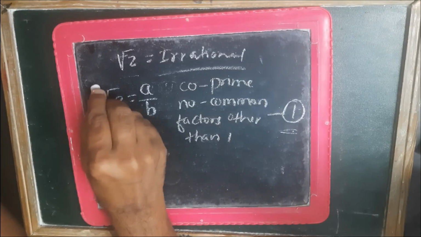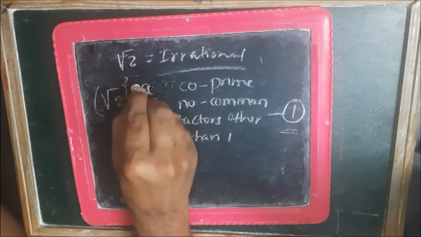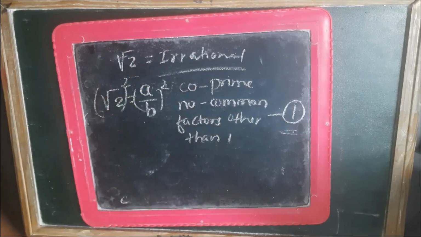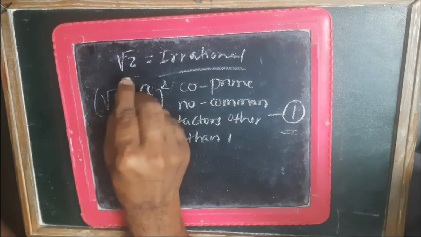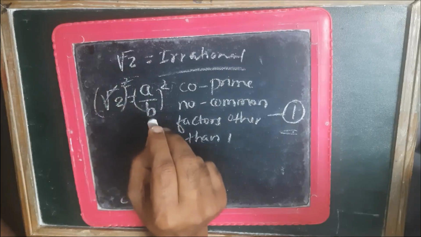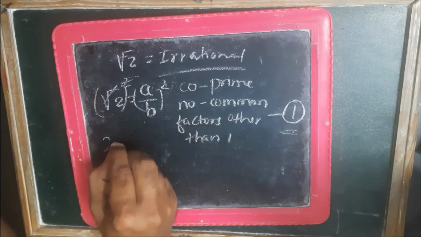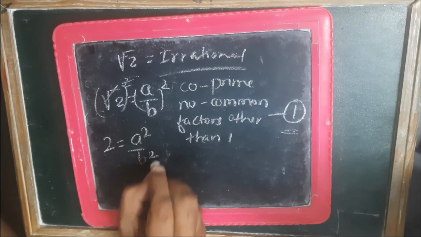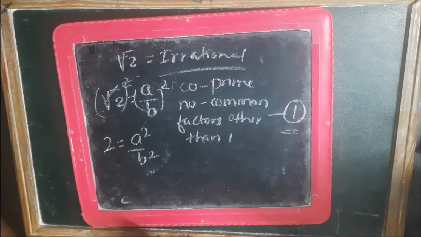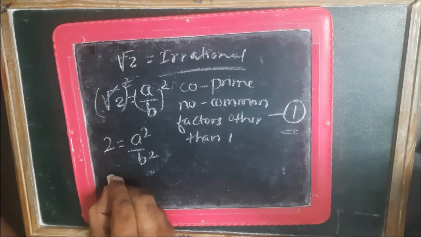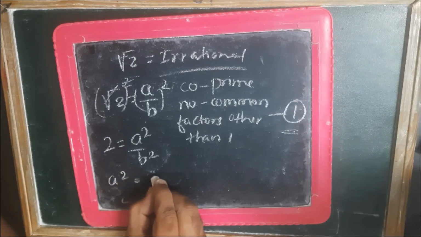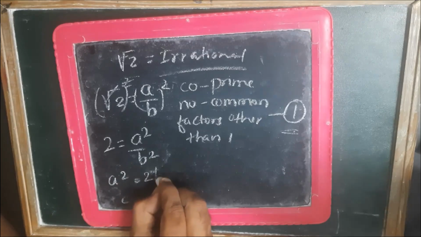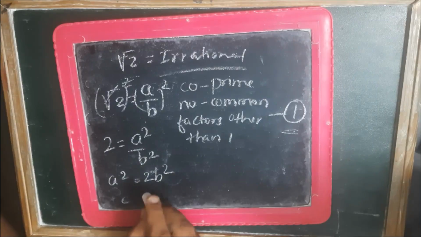Let's square both sides. The square root will be cancelled. 2 is equal to a square by b square, and a square is equal to 2b square.